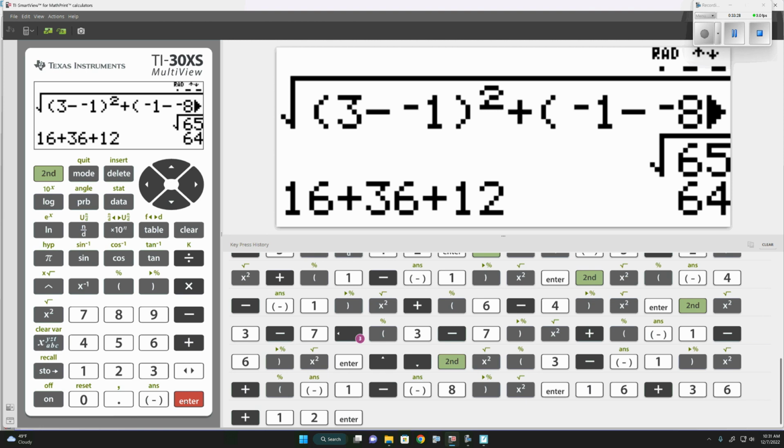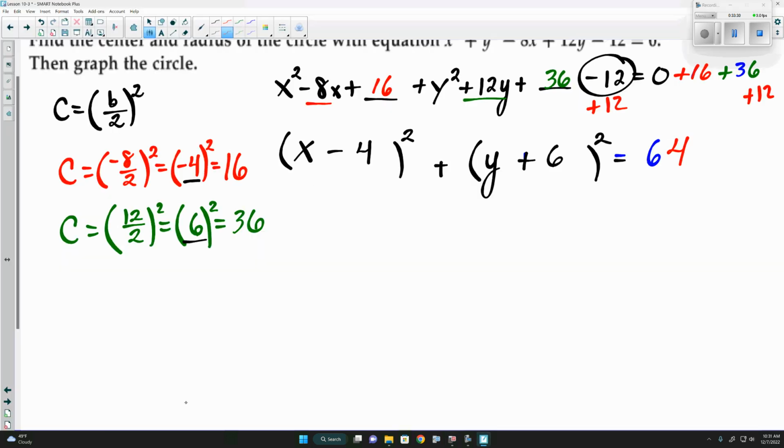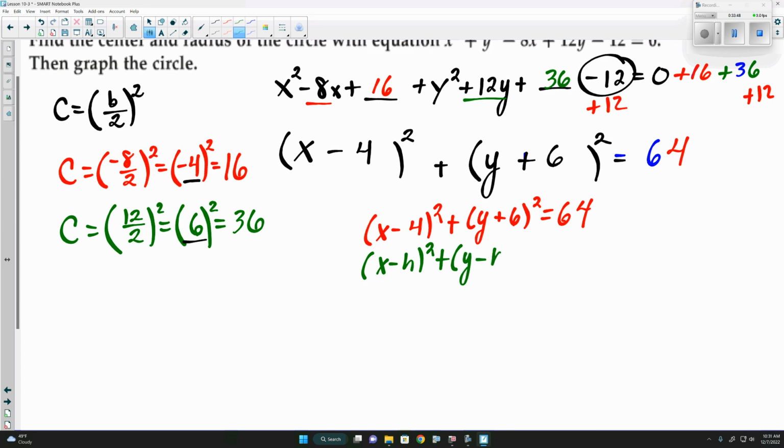Because we do need the constant terms on the other side. Because according to the general formula, here we have (x minus 4) squared plus (y plus 6) squared is equal to 64. The general formula is (x minus h) squared plus (y minus k) squared is equal to the radius squared. We need all those constant terms on the other side.